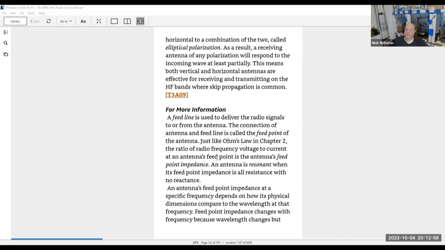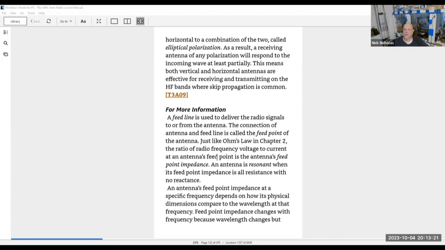All of our antennas are going to be compromised. There's no perfect antenna. There's no perfect goal. This is why in ham radio, you're going to see people describing all different types of antennas that they use, and each one will tell you theirs is the perfect antenna. Bull crap.